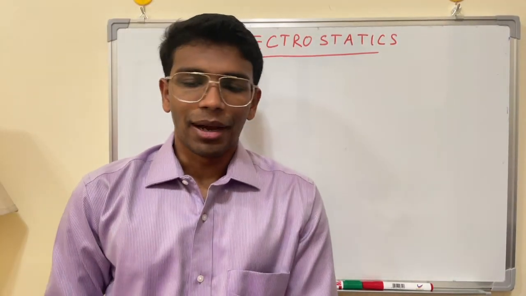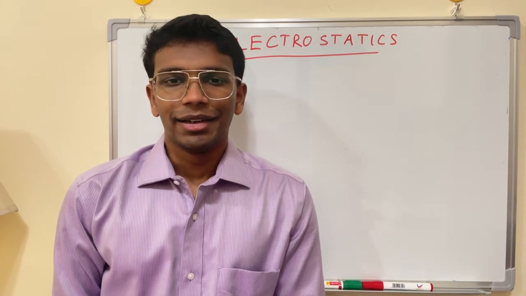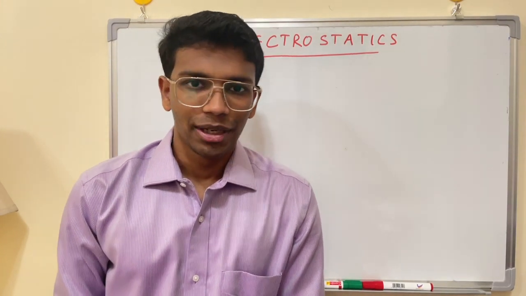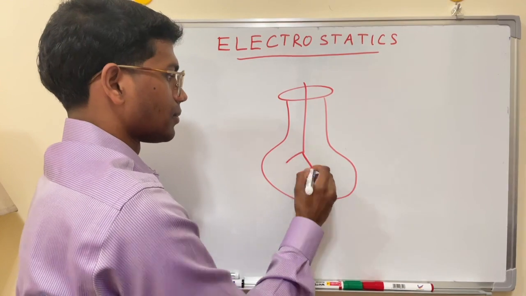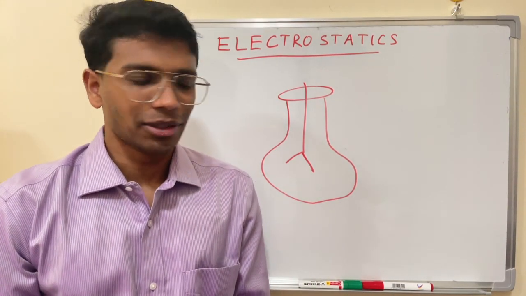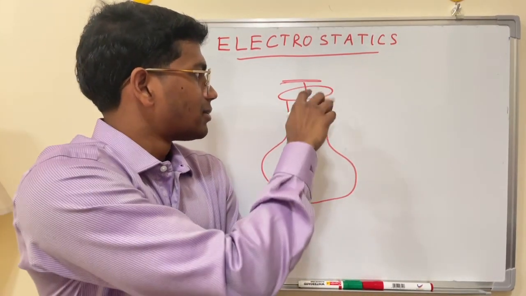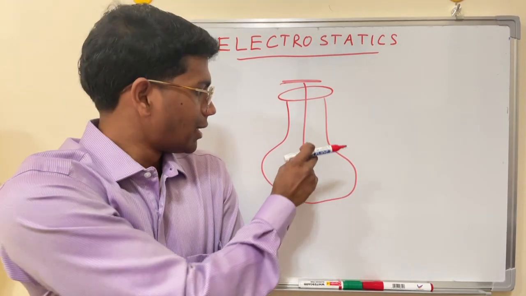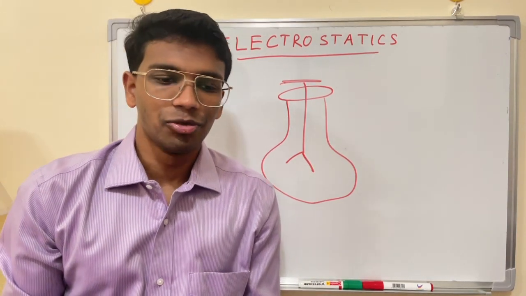There's a simple apparatus known as a gold leaf electroscope. So basically, this is how it exists. This is made out of metal, and this is, I think, a gold leaf, which is very light.